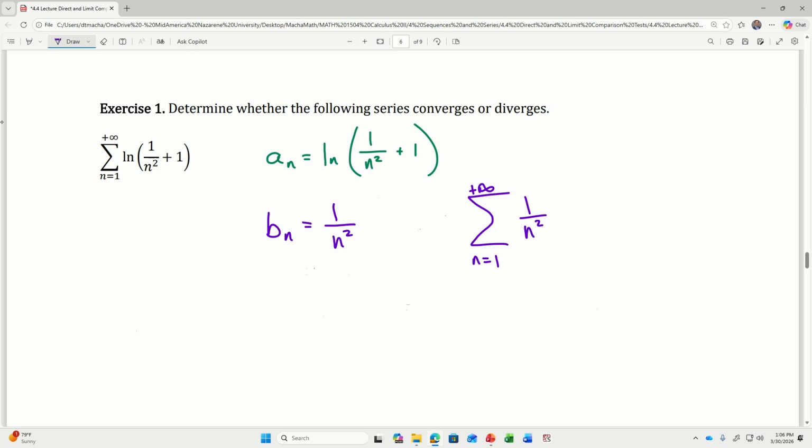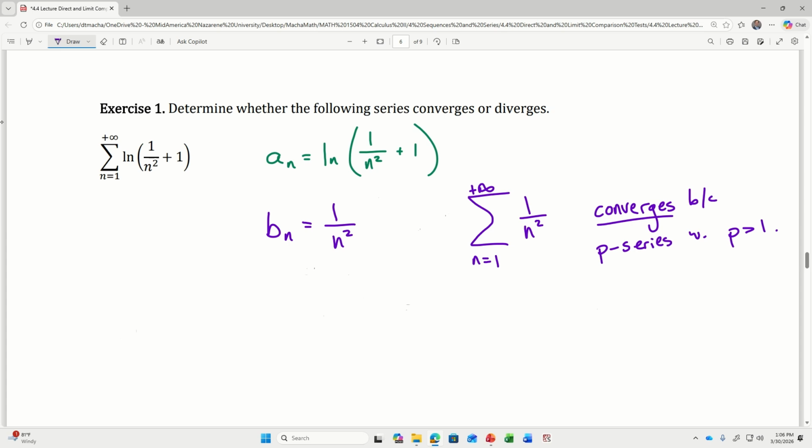Does this purple series converge or diverge? Converge. Yes. How do we know that this converges? It's a p-series where p is greater than 1. Perfect. Because this is a p-series where p is greater than 1.